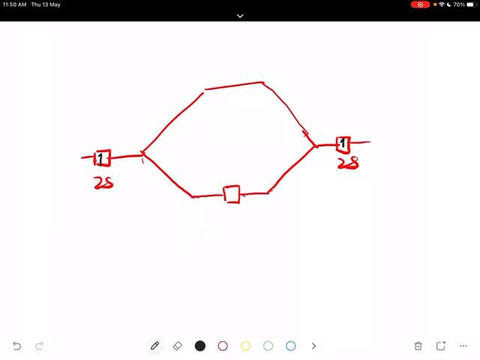What happens here? This is the bonding molecular orbital and this is the anti-bonding molecular orbital, and that is empty.